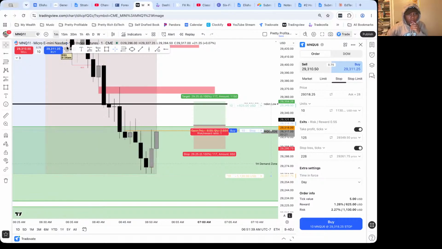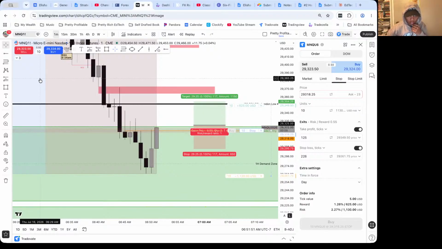I haven't made a trade since 6:34, almost 20 minutes into the market. But it closed above. Just let it close above.